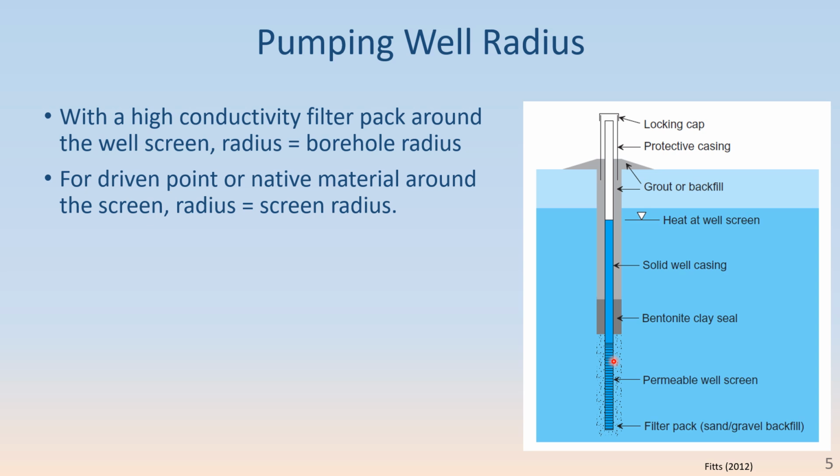Or it might be a bit further out if you've drilled a larger diameter hole and then backfilled around the screen with a very permeable filter pack that is much more permeable than the formation itself out here. In that case, you would use the radius out to the outside of the filter pack. So that's a bit of a judgment call and is based on the permeability of the filter pack relative to the formation itself.